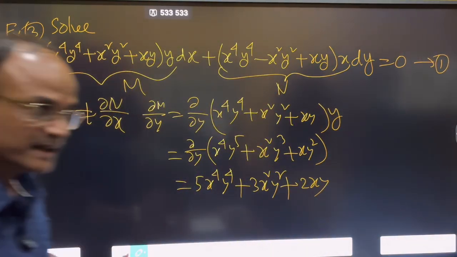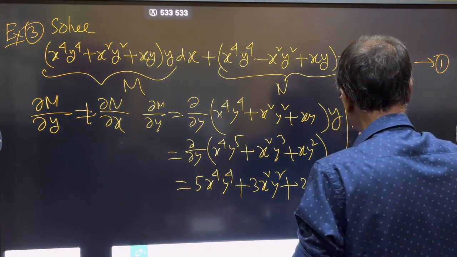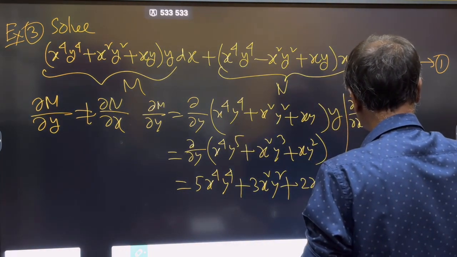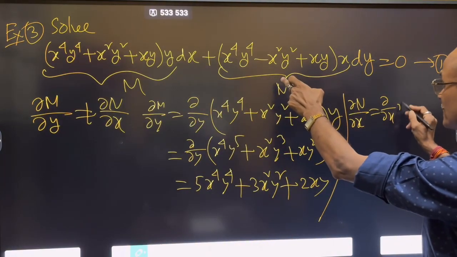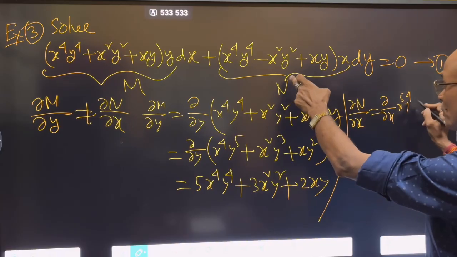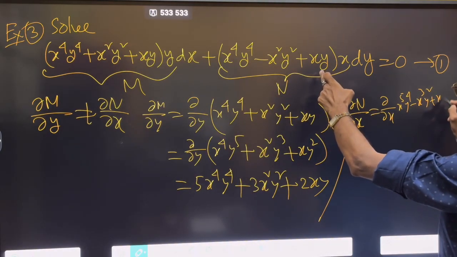Now del N by del x. What is del N by del x? Del x of x to the power 5 y to the power 4 minus x cube y square plus x square y.